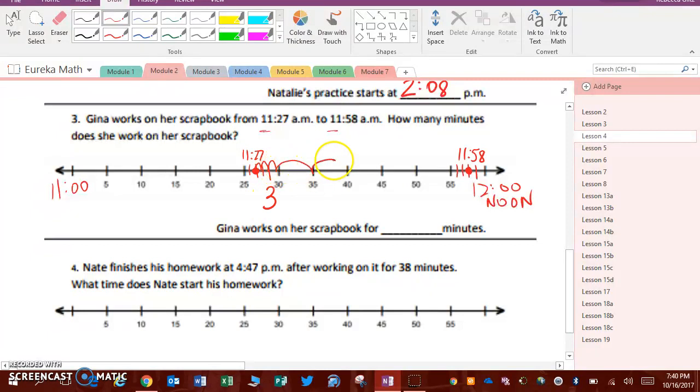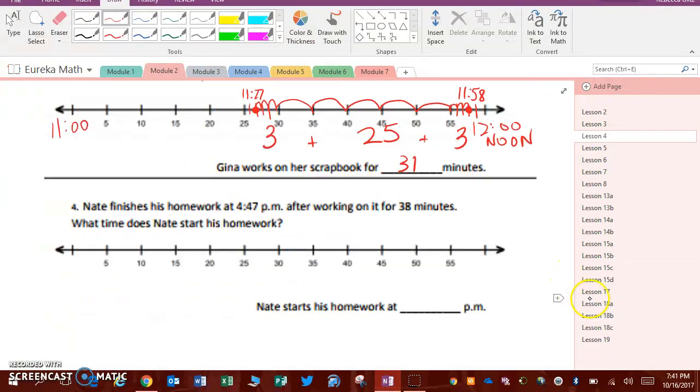And you've got 5, 10, 15, 20, 25. And then you've got 1, 2, 3 more. So if I add all those up, 25 plus 3 is 28. 28 plus 3 is 31 minutes. She worked on her scrapbook for 31 minutes. Just counting up by ones, counting up the fives, and adding it all together.